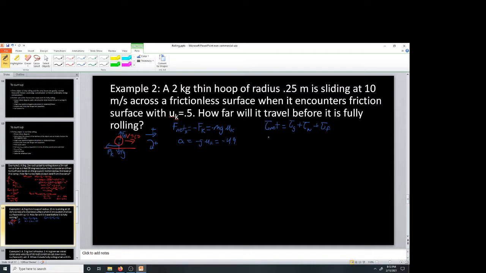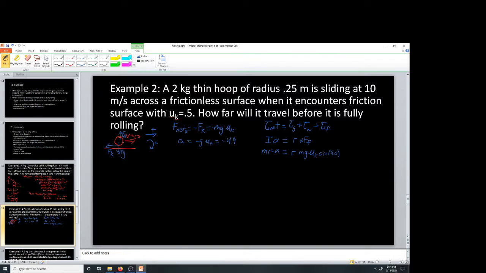So my torque net, which is I alpha, equals R cross force of friction. This is a thin hoop, so this is m r squared alpha equals R times the force of friction, which is still mg uk, and this is going to be sine of 90.